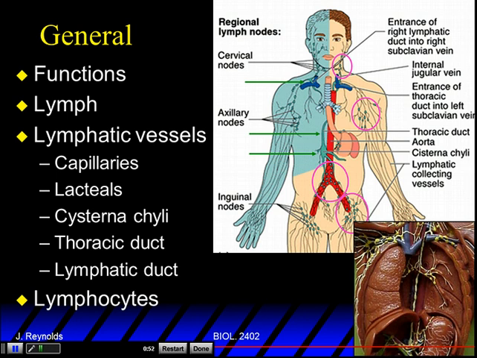But there's another important function, maybe even more important than host resistance for the lymphatic system, and that is it drains fluid from the tissues. You see all these vessels on the picture. These are little lymphatic vessels. We'll talk more about them in a bit.